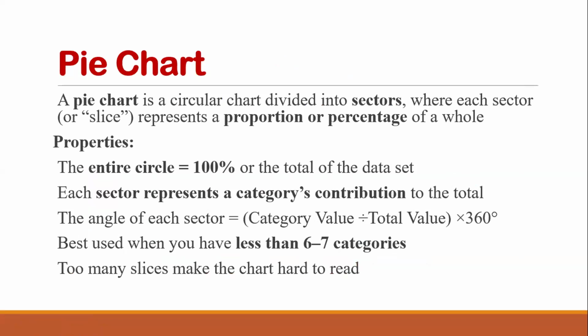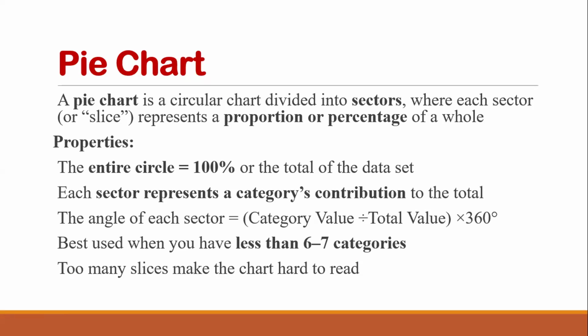Then the next chart is pie chart. Pie chart is a circular chart that is divided into sectors, where each sector or slice represents a proportion or percentage of a whole. It has the following properties. 1, the entire circle is equal to 100%.